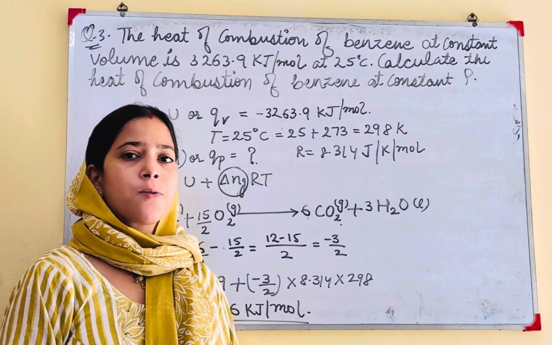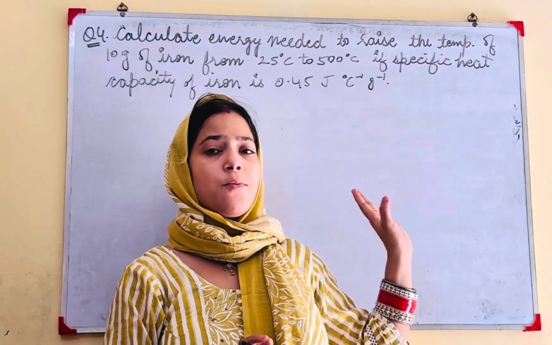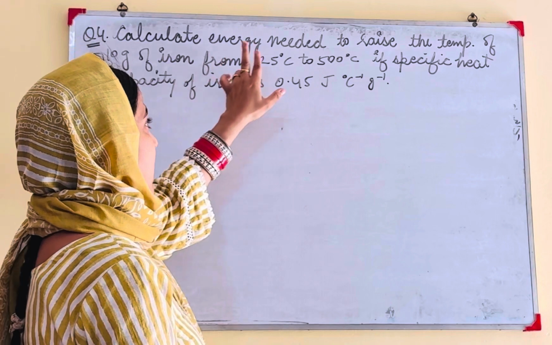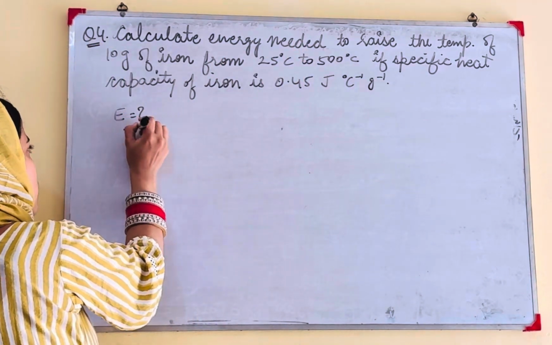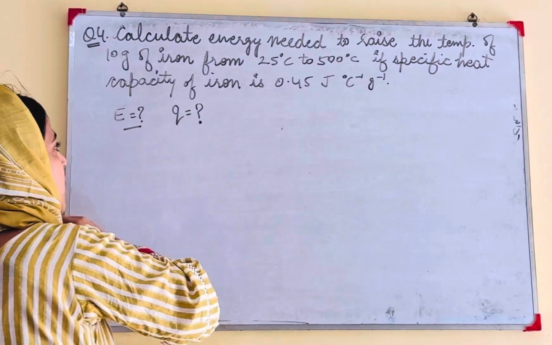Now move to the next part, heat capacity. Now see the next numerical. This numerical is based on heat capacity. Calculate the energy needed. Heat is also a form of energy, so we have to calculate Q here.